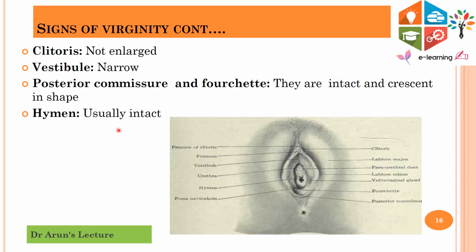And coming to extragenital signs, the breast appears firm, elastic, and hemispherical, and the nipple is usually small and underdeveloped and surrounded by an areola, which is pink in a fair complexioned woman and dark brown in a dark woman.